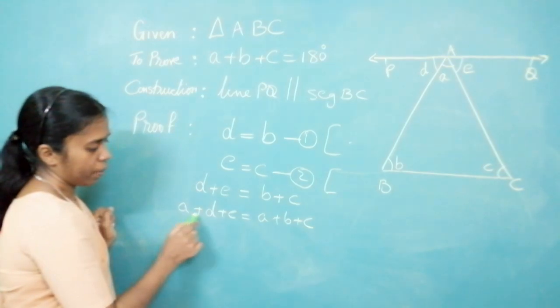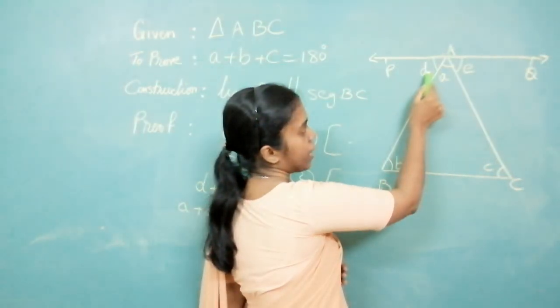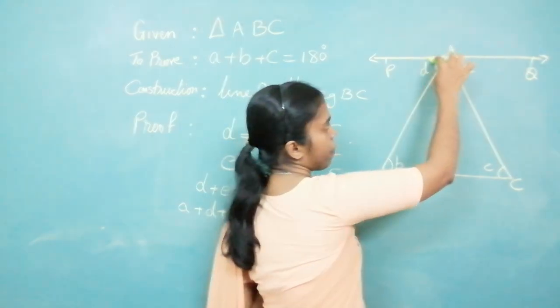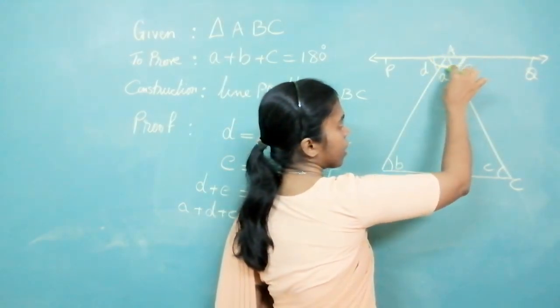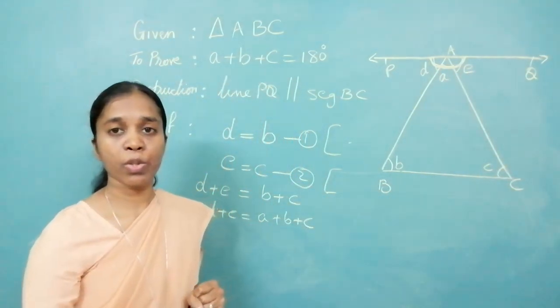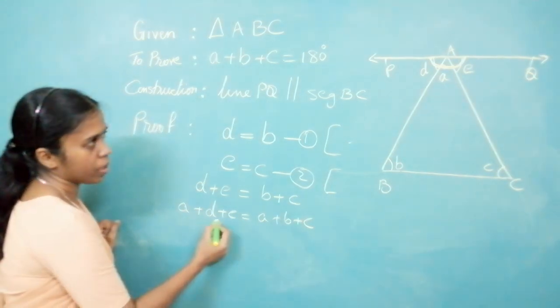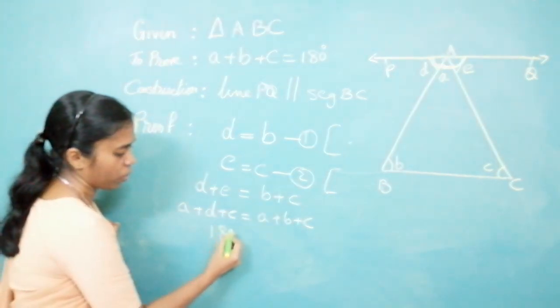Now look at A plus D plus E. A plus D plus E. What is this? This is angles on a straight line. Angle on a straight line gives me 180 degree. Okay. So this A plus D plus E gives me 180 degree.